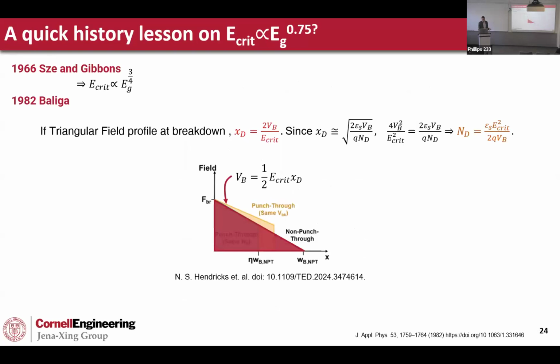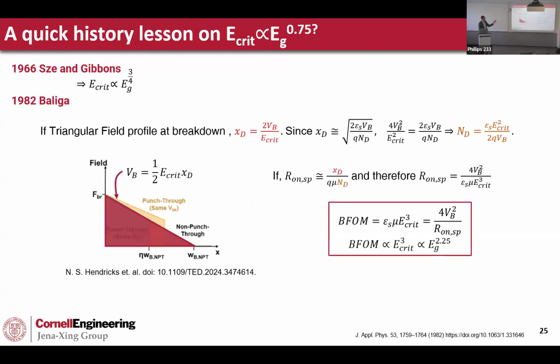20 years later, or 16 years later, Baliga pointed out that if you have a triangular field profile, then you can just think about the area of a triangle. You get this relation at its critical electric field. You can do some math for the definition of a depletion width, which I've saved for you here to get an expression for what doping you'd have.